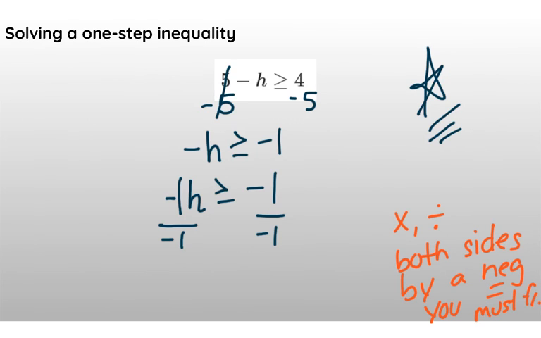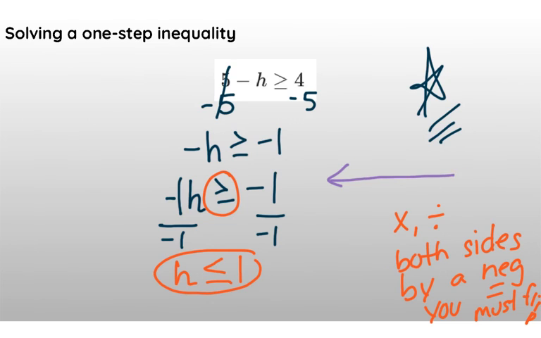So if I divide this by a negative, I'm going to have an h. This gets flipped, is less than or equal to, and then it becomes a positive 1. Otherwise, your inequality will not be true.